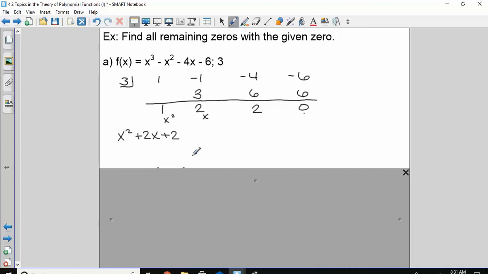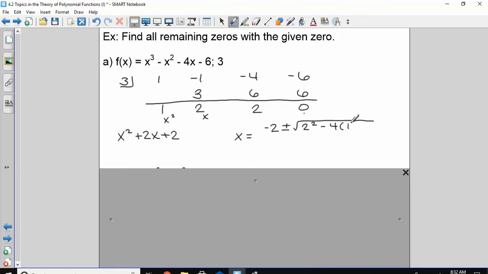Nothing. Okay, so think back to our quadratic days. If something didn't factor, how did you solve it? Quadratic formula. Okay. So, opposite of b would be a -2 plus or minus the square root of b squared, so 2 squared, minus 4.